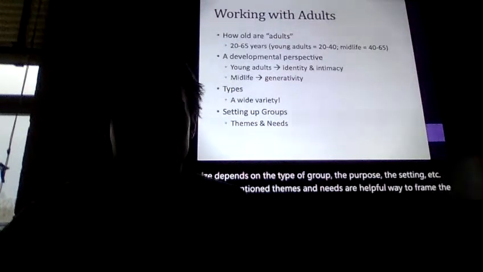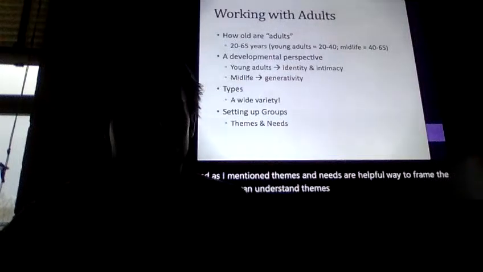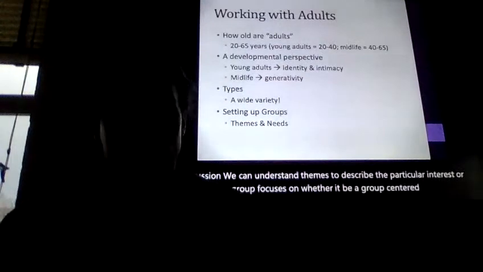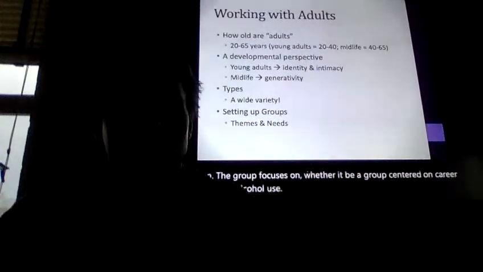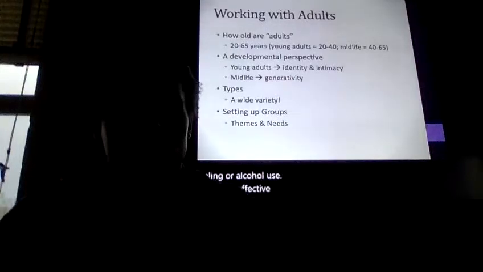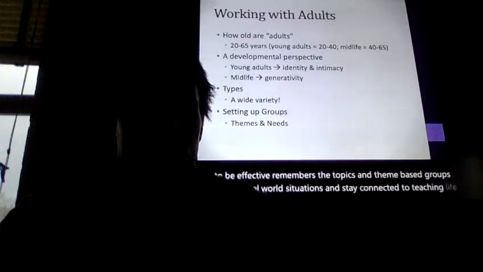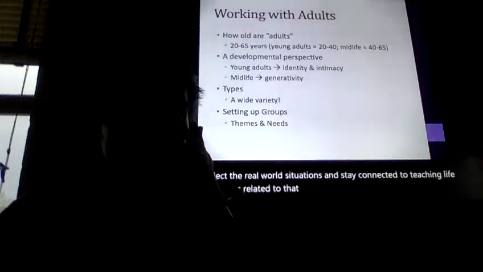We can understand themes to describe the particular interest or concern that a group focuses on, whether it be a group centered on career counseling or alcohol use. In order to be effective for members, the topics in theme-based groups must reflect the real-world situations and stay connected to teaching life skills or lessons related to that subject area.